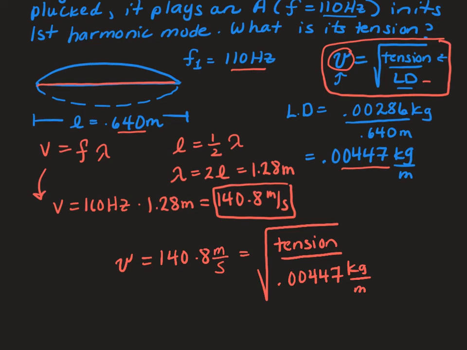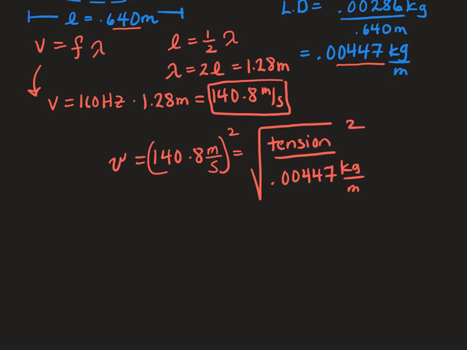I square both sides, and I get 140.8 squared times, then I cross multiply, 0.00447, and I wind up with a tension of 88.6 newtons. And that's how tight I need to make the string in order to make it play that note.